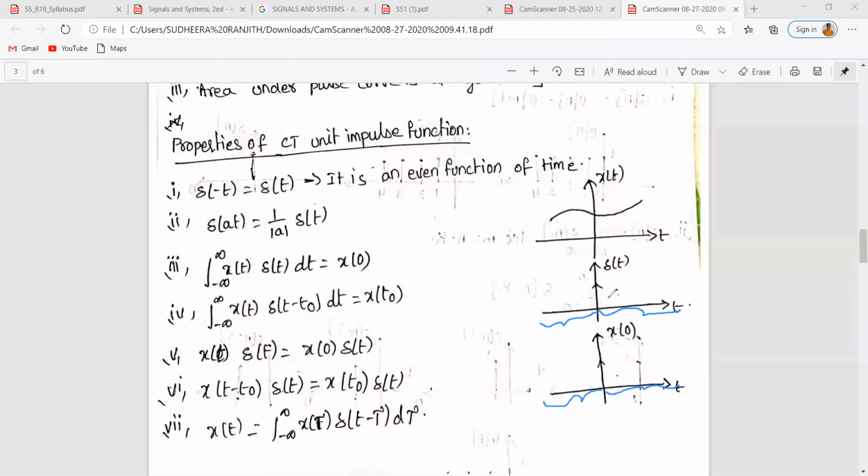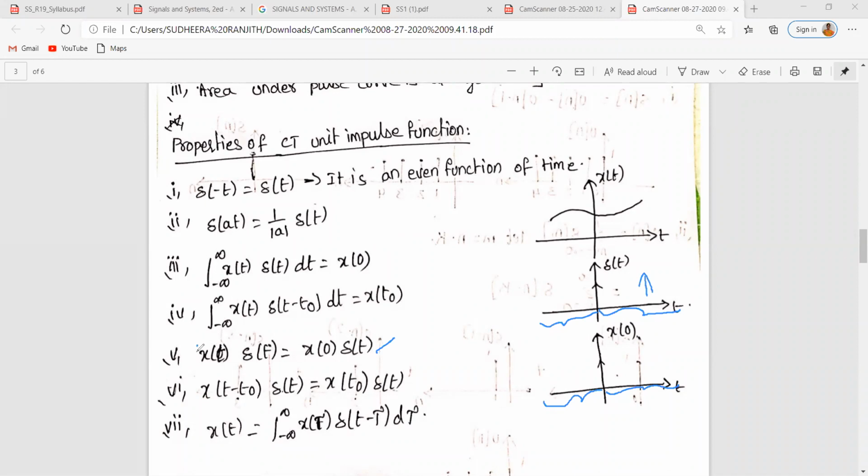So the resultant will be defined at t equal to 0 with the magnitude of x of 0. Similarly, if we take delta of t minus t naught, meaning delta of t shifted towards the right by t naught units of time, then the resultant will be x of t naught into delta of t.